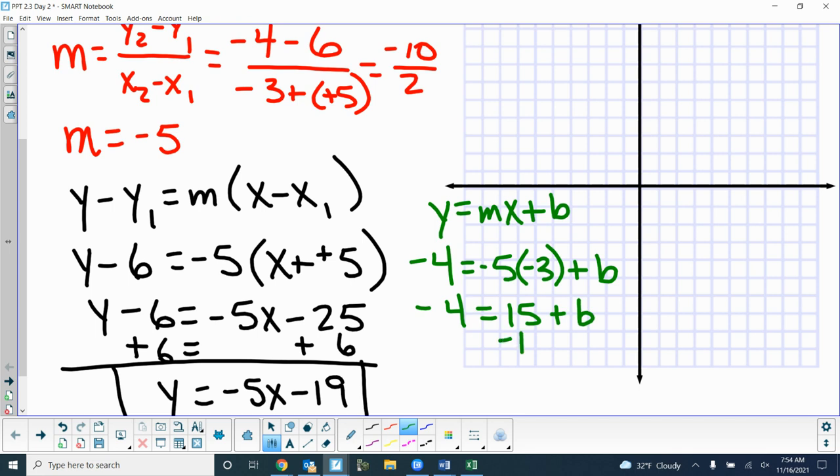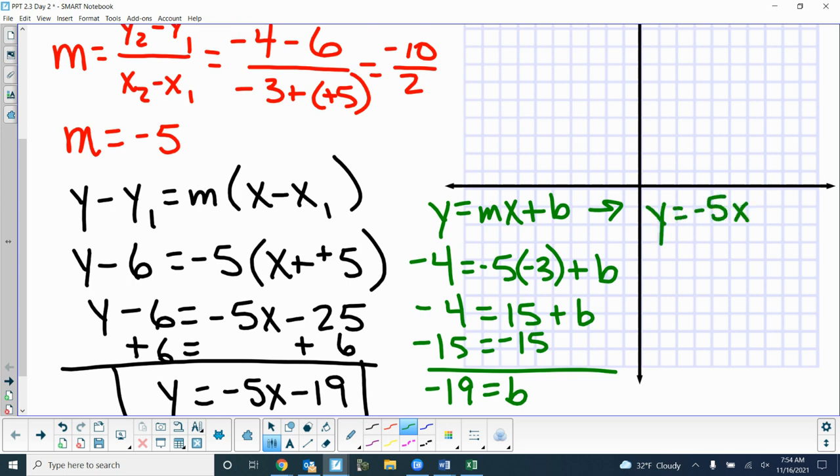And then subtract the 15 to get b by itself. So get negative 19 equals b. Then you just substitute negative 5 in for m, because that's what we figured out m was, and then you substitute negative 19 in for b. And that's the same answer, isn't it?